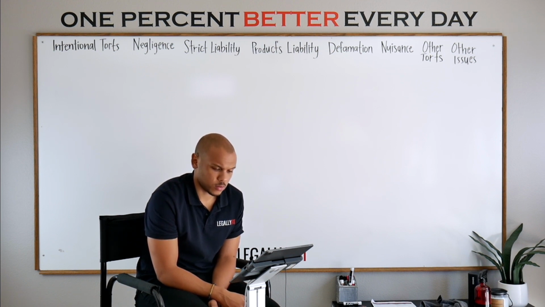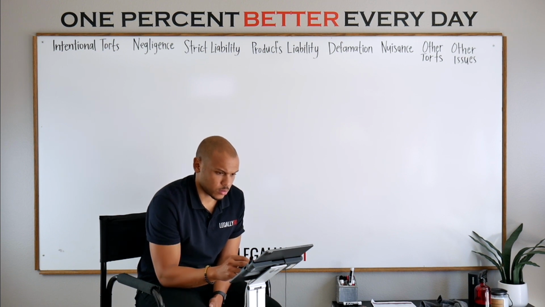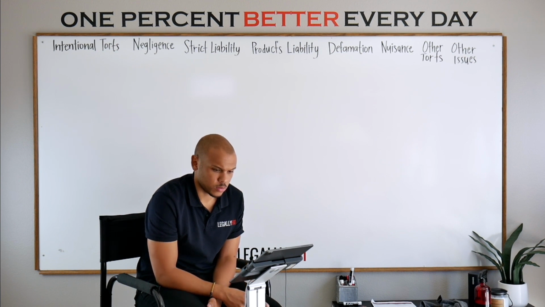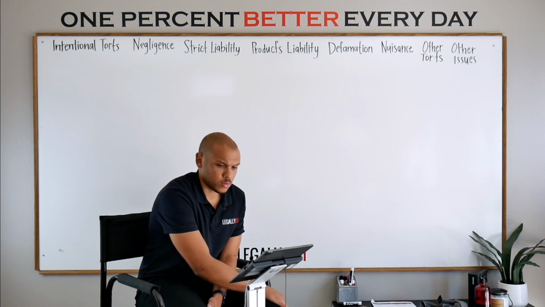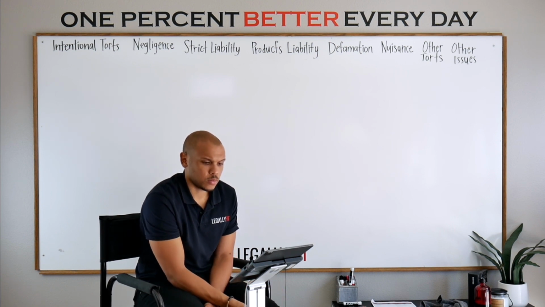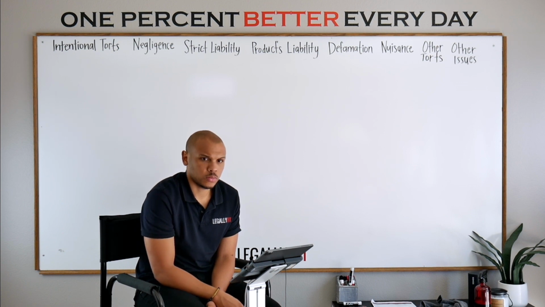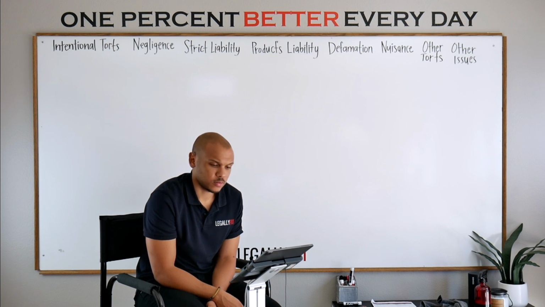Then we have battery, when Drake removes the Grammy from her hand because of harmful or offensive contact. It's not harmful, but it's offensive, because it's offensive if a reasonable person would find that the contact would be offensive. Stealing a Grammy or personal property from another person would be seen as offensive.